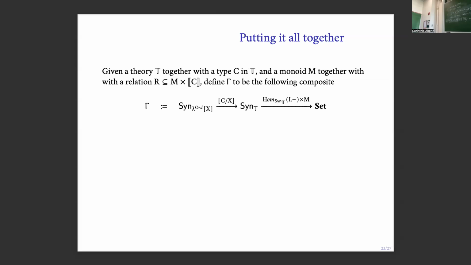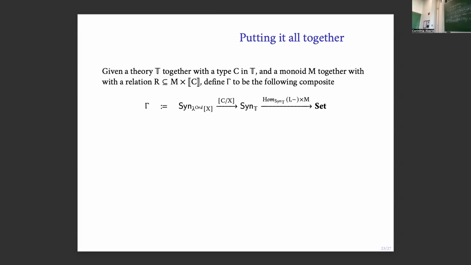And then this global sections functor is always a Lax-monoidal functor. So their product also is a Lax-monoidal functor. So we have a Lax-monoidal functor from syn T to set. And then because this syntactic category of lambda x is initial in the category of pointed biclosed monoidal categories, and syn T is in particular biclosed monoidal and pointed because we have a type C in syn T, then this is a monoidal functor.